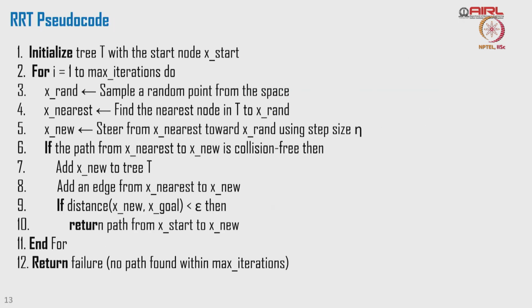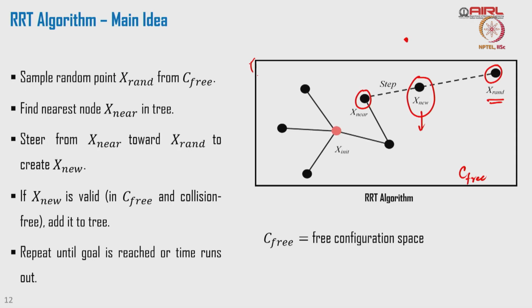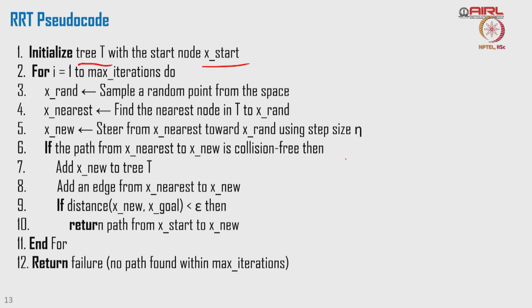Now, we come to the RRT pseudocode. We initialize the tree T with the start node x start, as we have seen in the previous slide. This is the x initial point or x start point here. Now, for i equal to 1 to some number of iterations, a random point is sampled from the space.